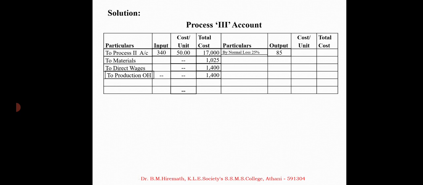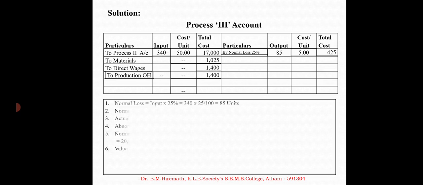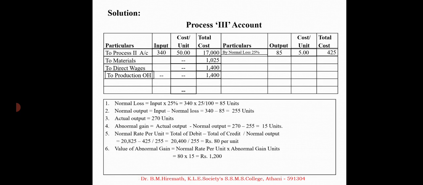And this scrap of 85 units is to be sold at rupees 5 per unit, and total is 425. Now let's go for some calculations. As usual, normal loss, input into 25% is equal to 340 units into 25 upon 100 is equal to 85 units.